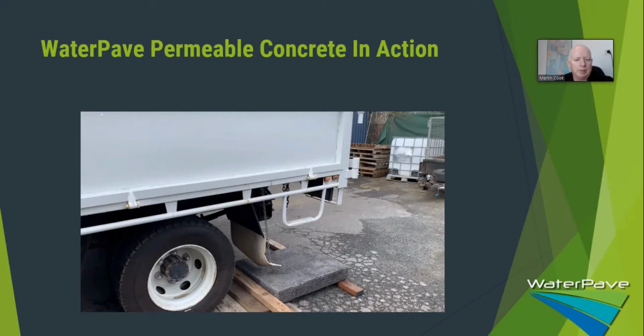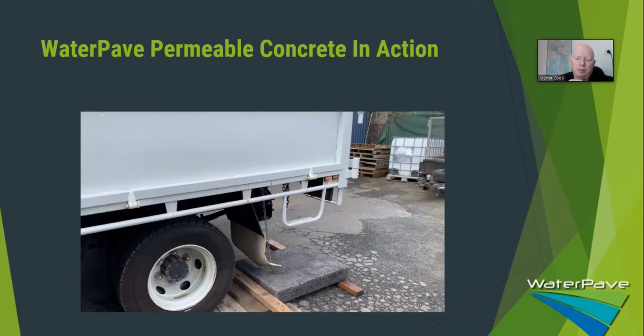If you put mesh in permeable concrete, because it's reasonably dry, you can actually start to hit voids underneath the mesh. So the permeable concrete doesn't really consolidate around the bars of the mesh.